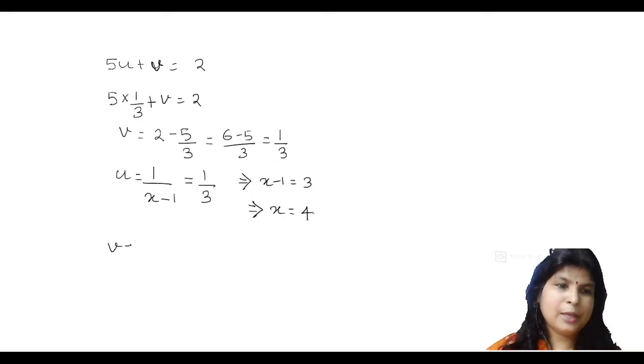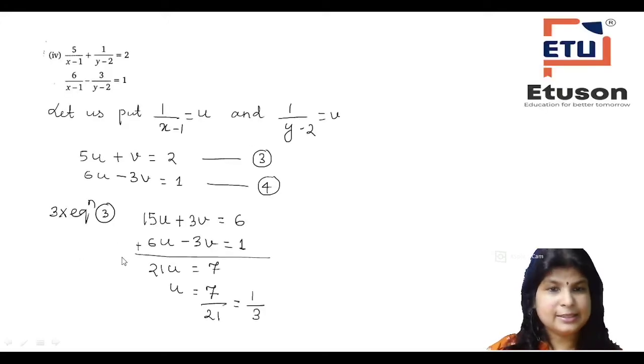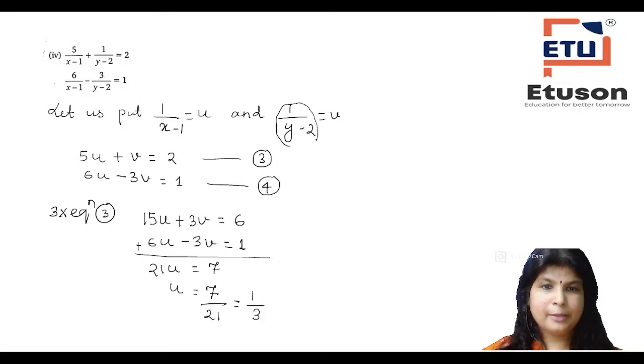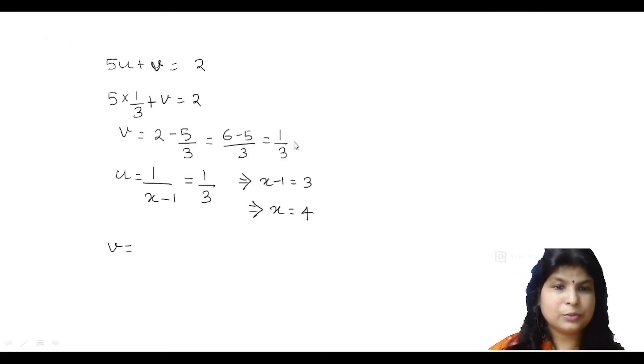Similarly, what we have considered for v initially, let us see. So v is equal to 1 divided by y minus 2. Correct or not? So let us put the same one here. 1 divided by y minus 2 is equal to 1 by 3.